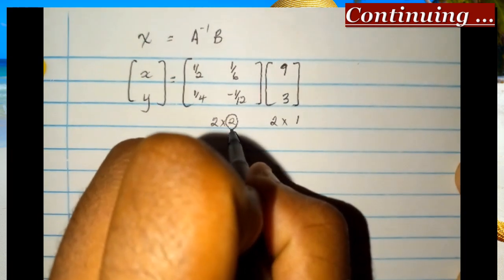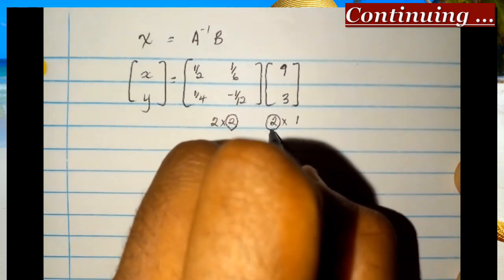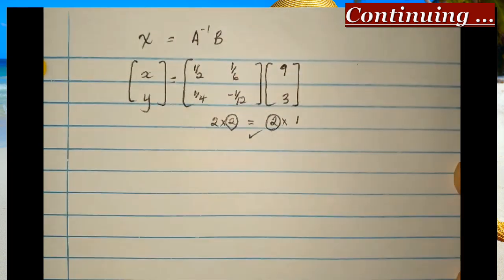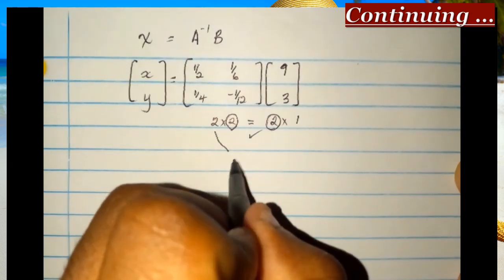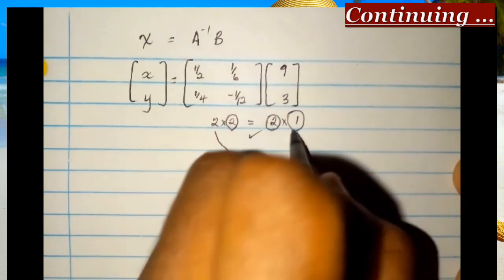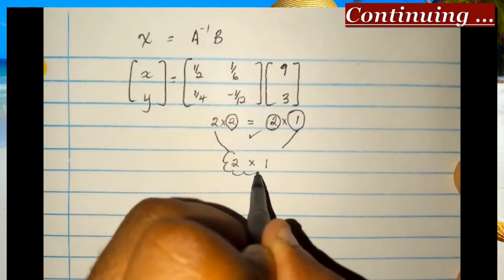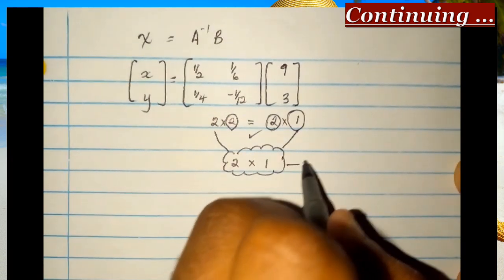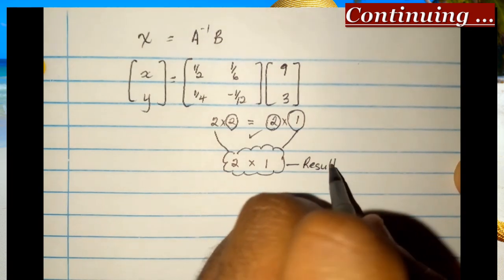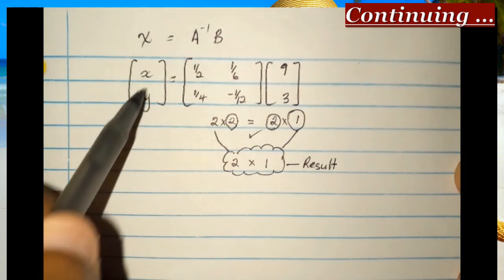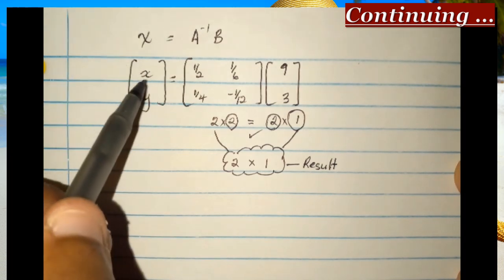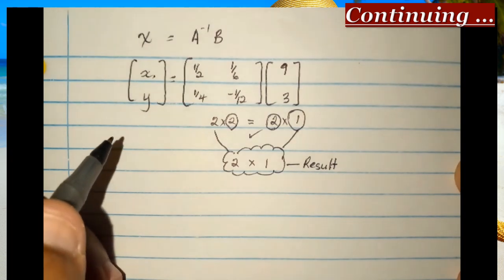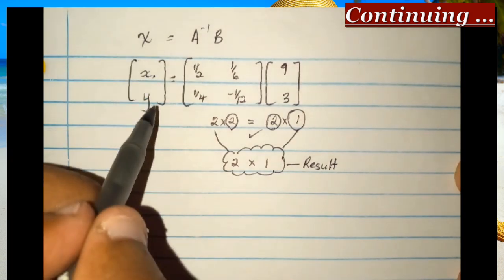So the number of columns in the first matrix should be equal to the number of rows, so it can work. And the result of our multiplication is going to be a 2 by 1 matrix. This will be the result. And this is also a 2 by 1 matrix. That means the answer that we get in the first row, first column is going to be our X value. And the answer that we get in the second row, first column is going to be our Y value.